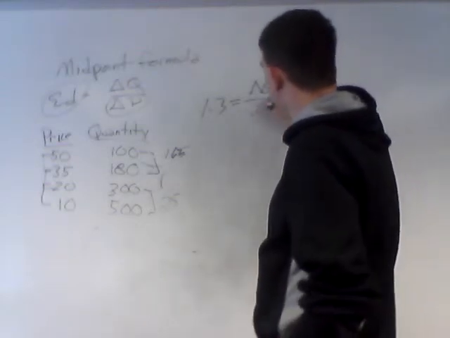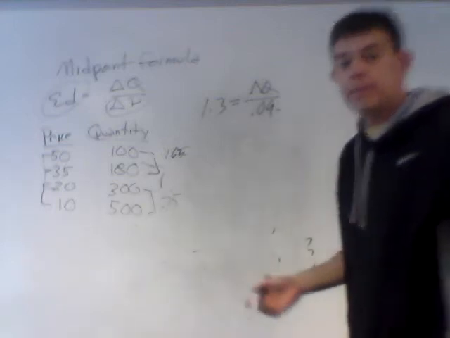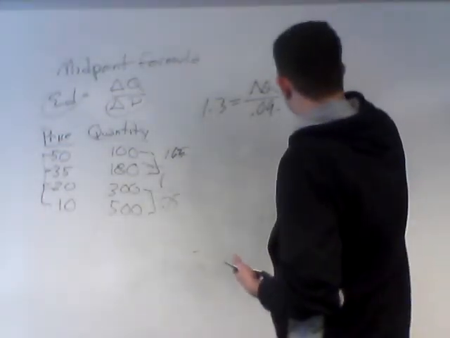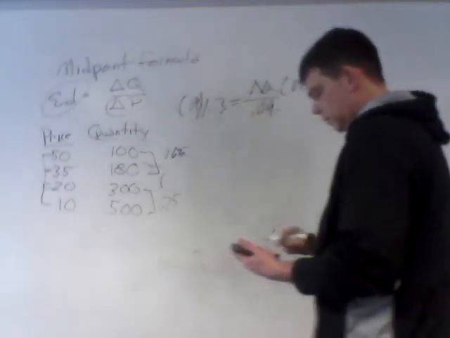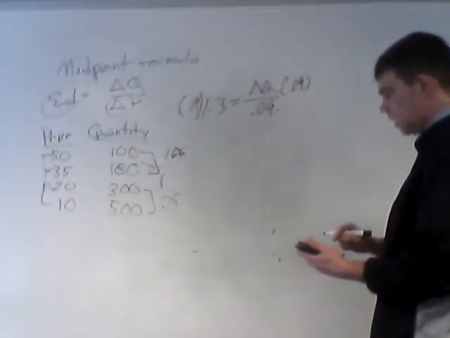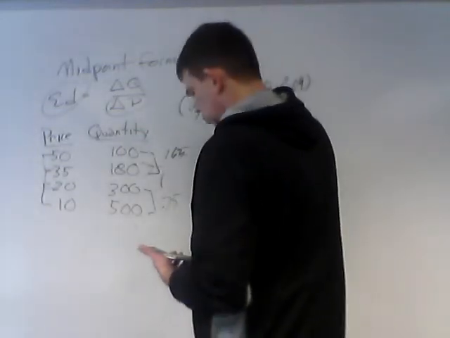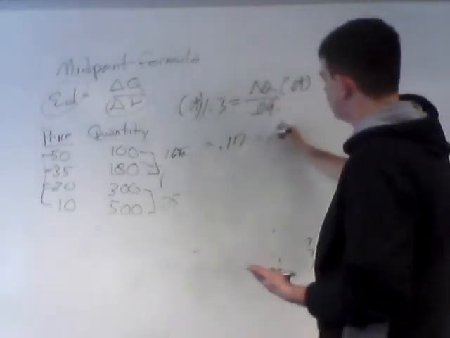And you just told me price changed by 9%, or 0.09. Okay? In order to solve this pretty simple problem, algebraically, I'll just multiply both sides by 0.09. So 0.09 times 1.3 equals 0.117. These cancel out.